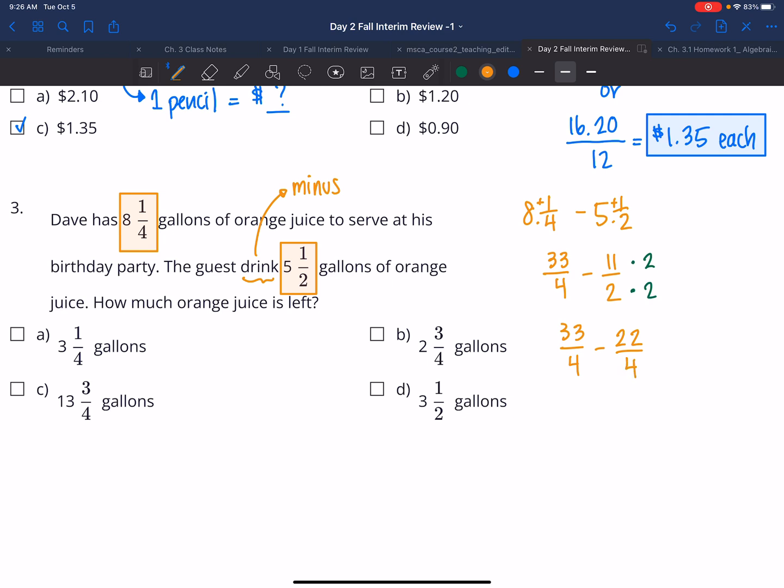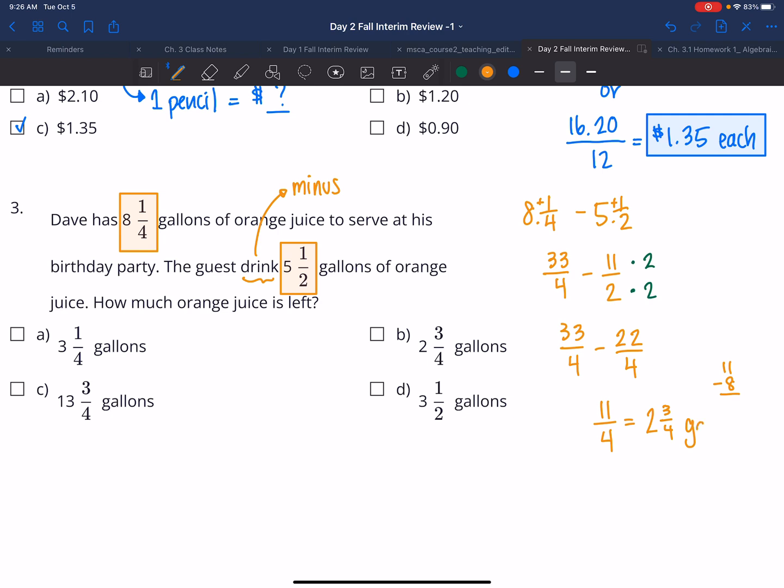So I just subtract the numerators, I get 11 over 4. And what is that? It's a mixed number. 4 goes into 11 2 times. 4 times 3 is 12. That doesn't work, so it's 8. So I'm thinking, what's 11 minus 8? That is 3/4.